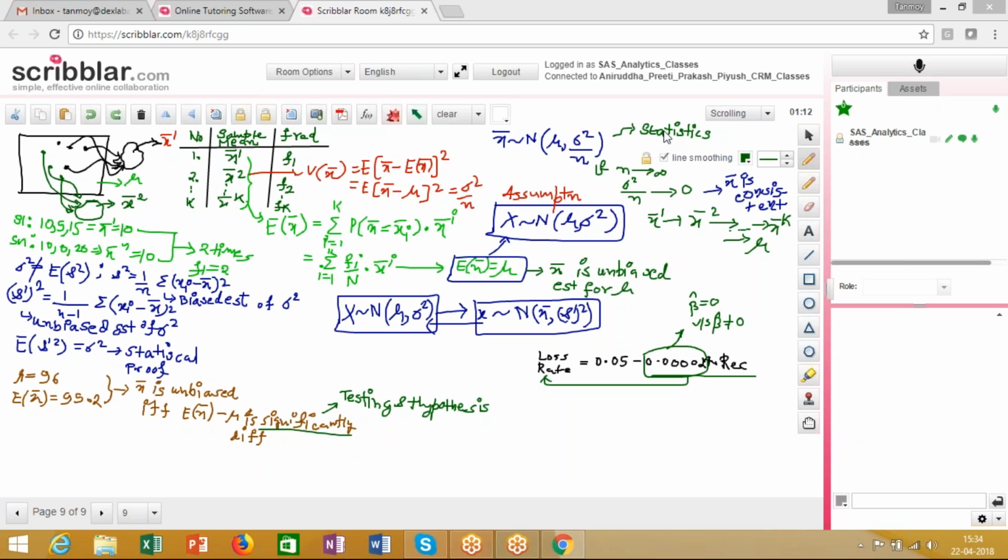Okay. So the question is, what do you think after listening to the discussion that we have had till now? Consider this example as well. This particular example. And tell me, what do you think is the difference between an observed difference and a significant difference?